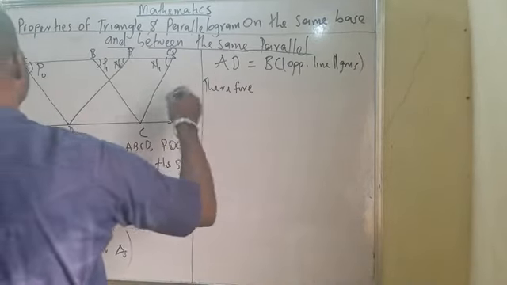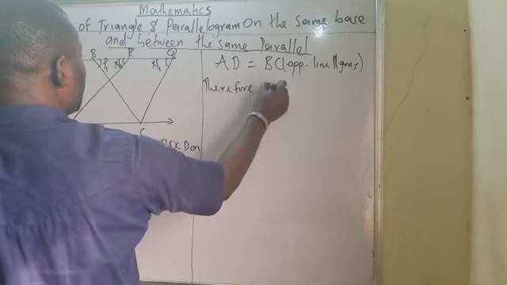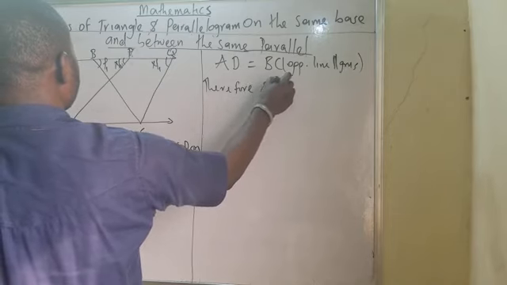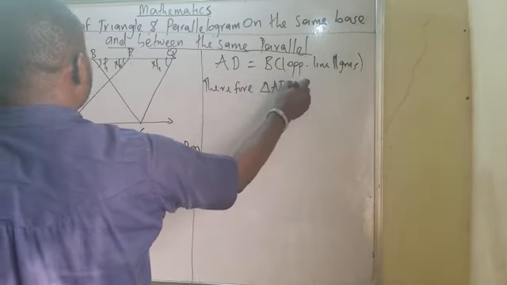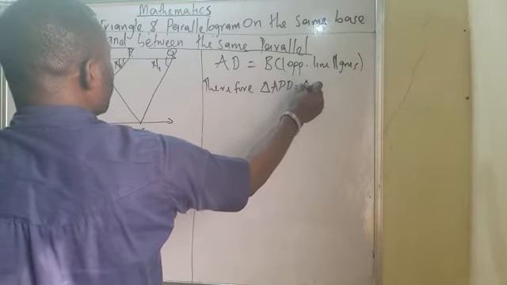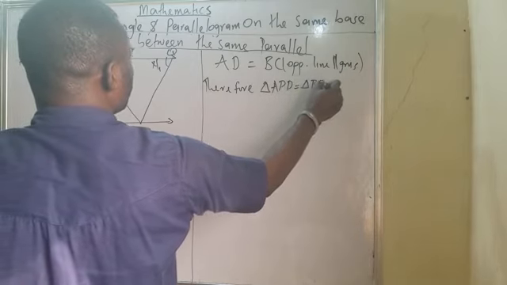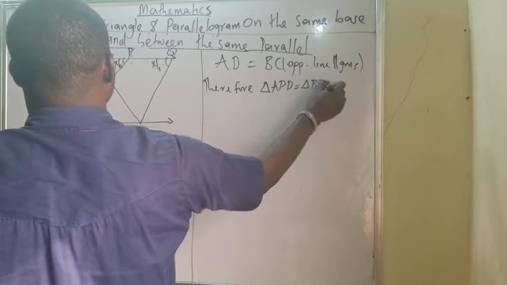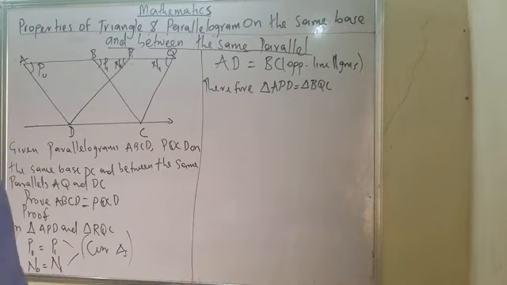Triangle APD equals triangle BQC, which equals PQC.